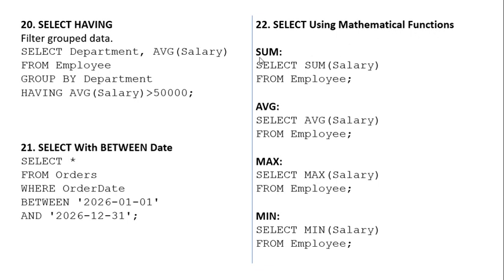And 22 is SELECT using mathematical functions. Use SUM: select sum(salary) from employee, so the sum of all employee salaries is given. AVG: select avg(salary) from employee, so the average salary of all employees is found. MAX: select max(salary) from employee, to find the maximum salary.